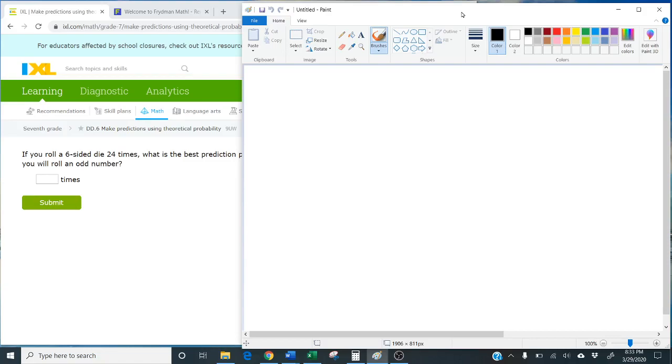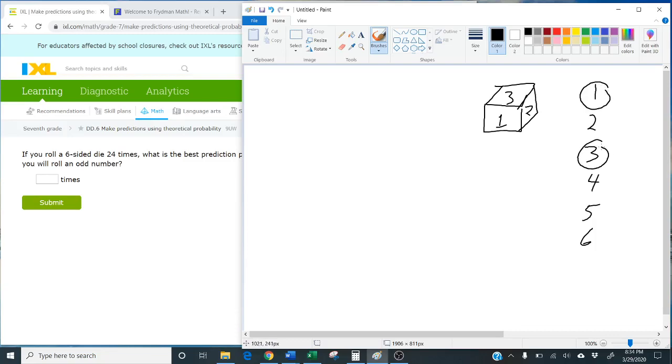So, on a number cube or a die, we have a 1, a 2, a 3, a 4, a 5, and a 6. 1 is odd, 3 is odd, and 5 is odd. Those are all the numbers that are not divisible by 2.